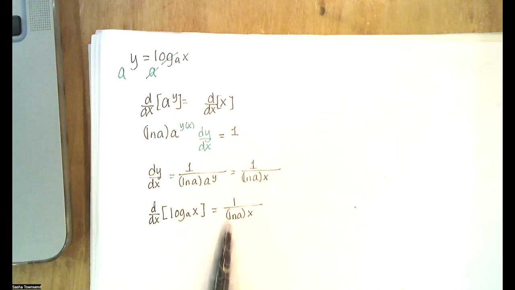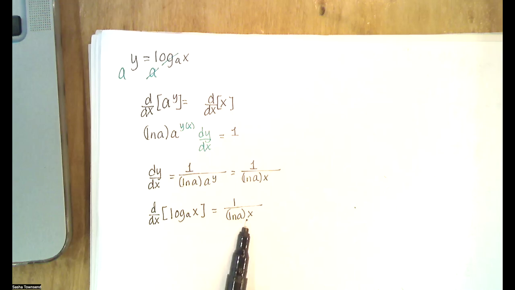But there's an extra factor of natural log of a in the denominator. And depending on the value of a, that could be positive or negative. It's positive when a is greater than 1, and negative when a is between 0 and 1. And it's a number that's less than 1 when a is between 1 and e, and then it's greater than 1 when a is greater than e.